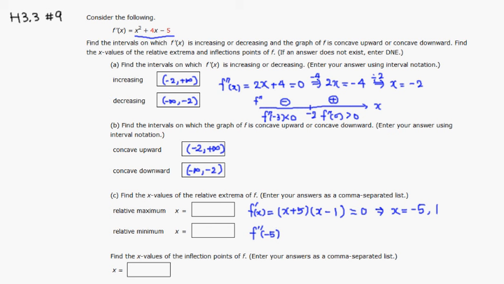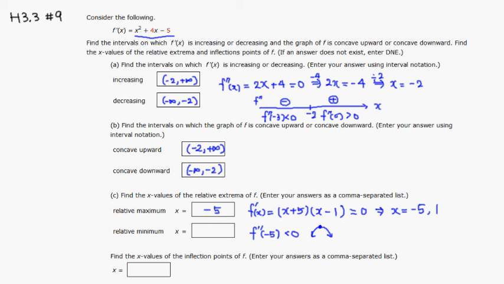So 2 times negative 5, which is negative 10, plus 4, so it's negative. Which means you're looking at the concave down shape. So at the top, that's going to be the local maximum. So local maximum happens when x equals negative 5.